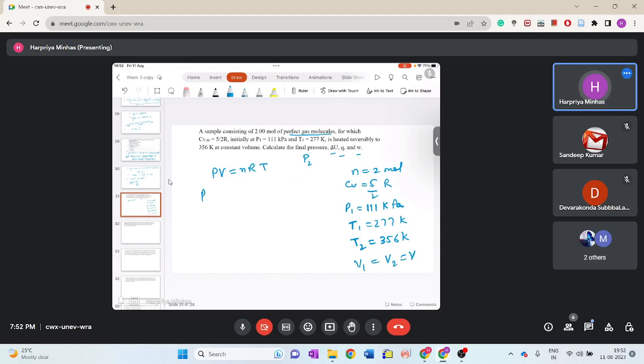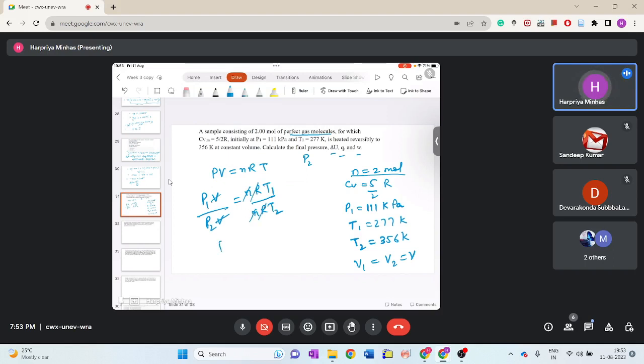Can we use this equation, P1V upon P2V is equal to nRT1 upon nRT2.